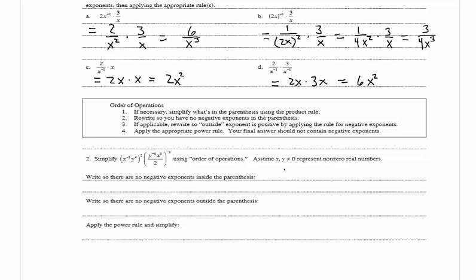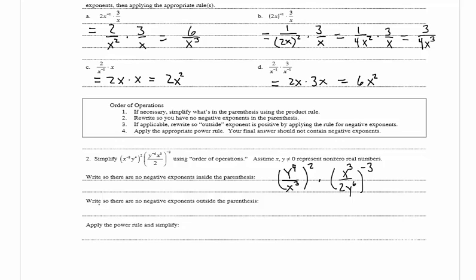So we're going to have y to the 4th divided by x cubed, all squared, times, now we have a y to the negative 6th power, and we're going to make it y to the 6th in the denominator. So we're going to have x cubed over 2y to the 6th, all raised to the negative 3rd power.